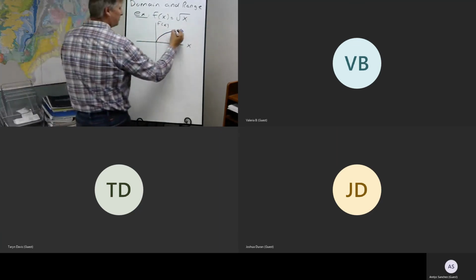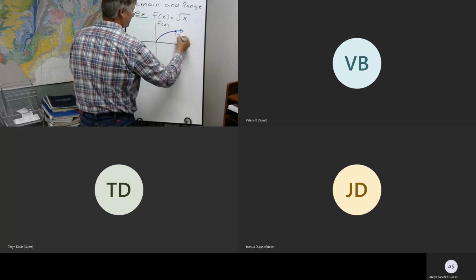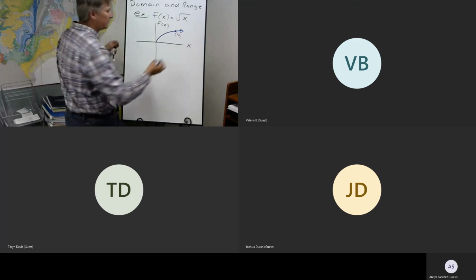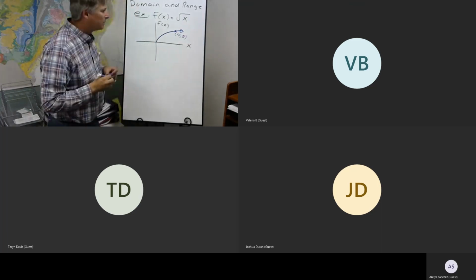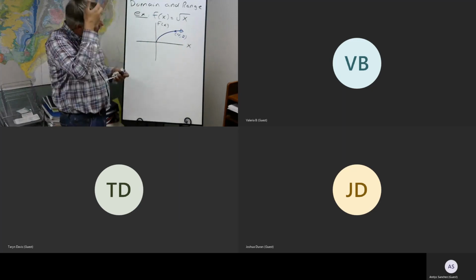For example, a point you'll find on here, if you input the number 4, what's the square root of 4? Well, you could put it in your calculator, you'll get 2. So an input of 4 and an output of 2. It's one of the points on this graph.